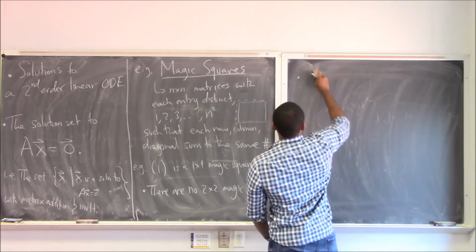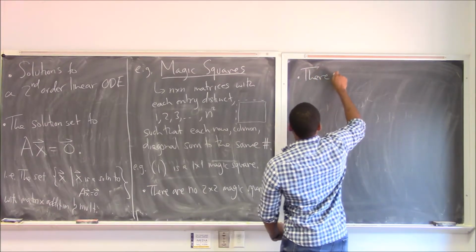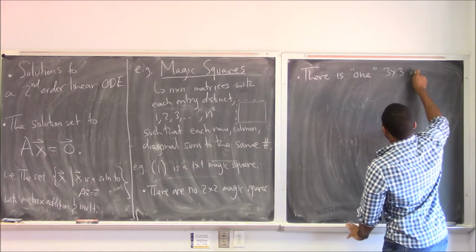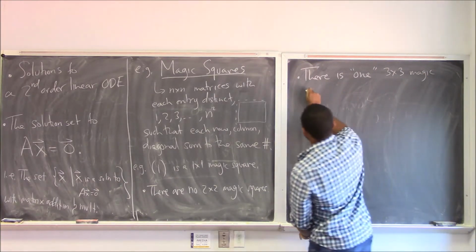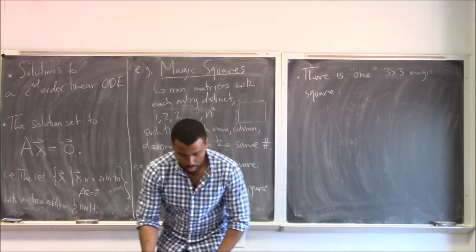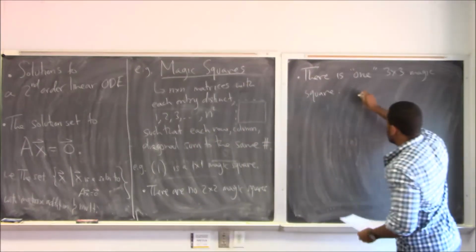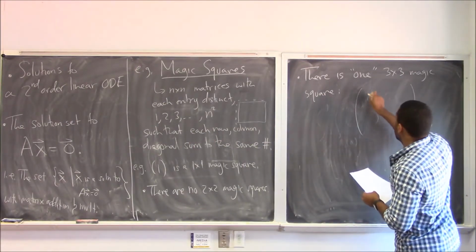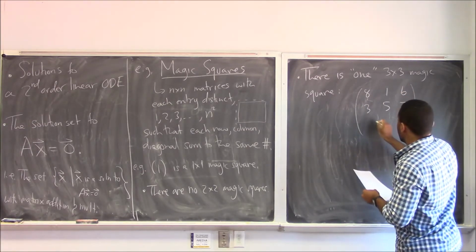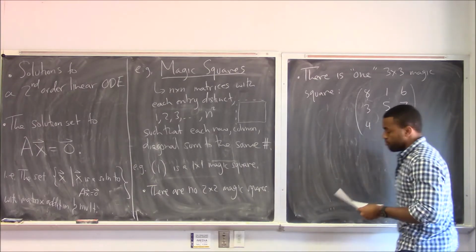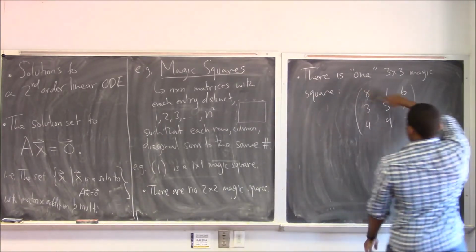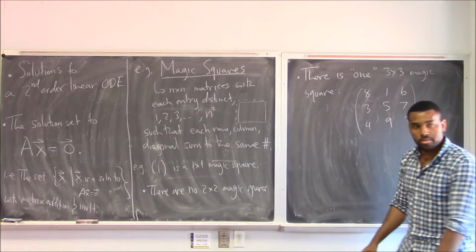There's a 3 by 3 magic square, and you can look at this using group theory, for example. 8, 1, 6, 3, 5, 7, 4, 9, 2. You notice that every row, column, this diagonal, and that diagonal, they all add up to 15.